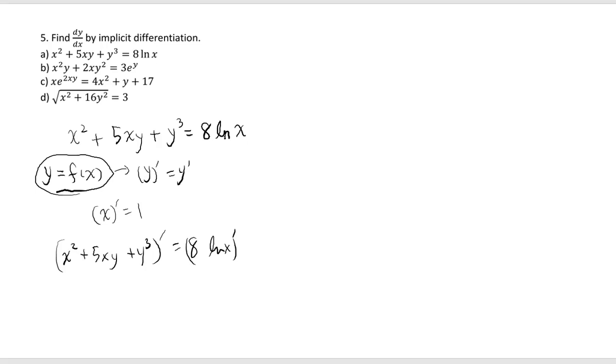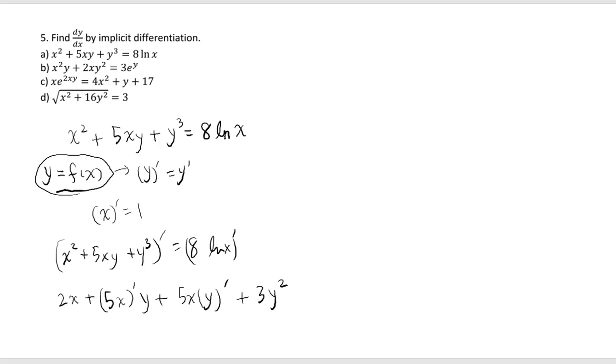X squared differentiates to 2x. 5xy, because this is a product of two functions, you have to use the product rule. And then as I said, this requires the chain rule, so you differentiate as a function of y. So 3 comes down, you subtract 1 off of 3, so it's 3y squared.